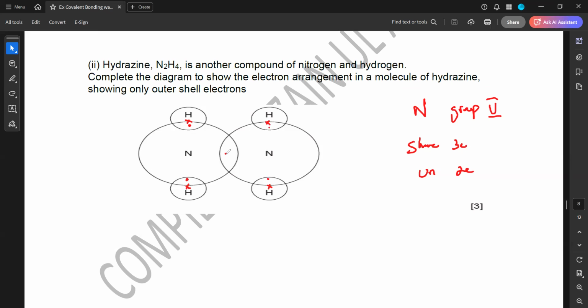And then between the 2 nitrogens, they will share 1 with each. So 3 shared are done, and unshared are 2 electrons on each nitrogen. So this will be 1, 2, and this will be 1, 2. This is how the structure should look for N2H4. This is also a rocket fuel; hydrogen is also used in rockets as a fuel.